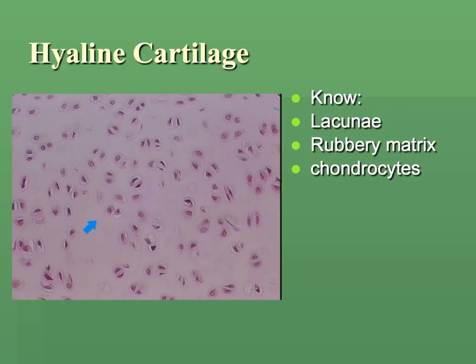So this is our rubbery matrix. Right here, the dark purple dots that you see are the cartilage cells, and those are called chondrocytes, which means cartilage cells. The little cavity that they're sitting in is called the lacuna. So you should be able to look at this slide, identify hyaline cartilage, rubbery matrix, lacuna, and chondrocyte.